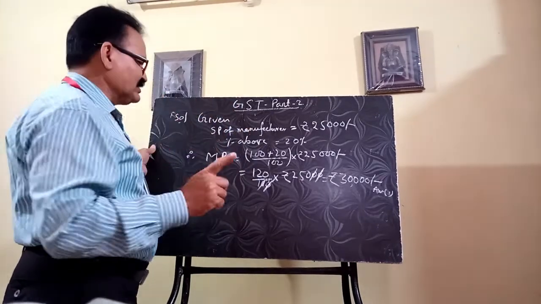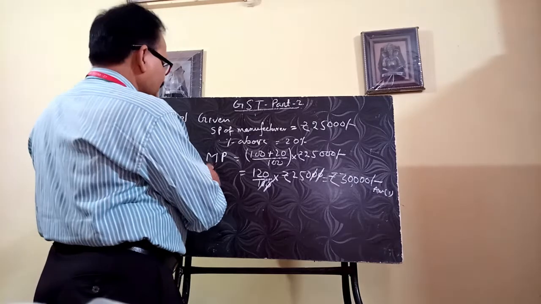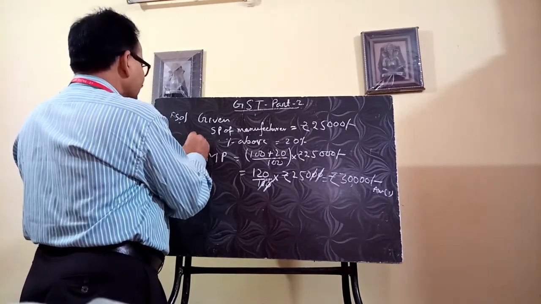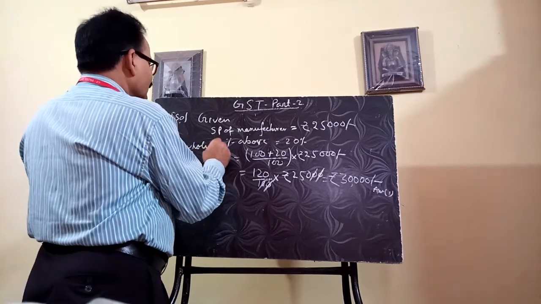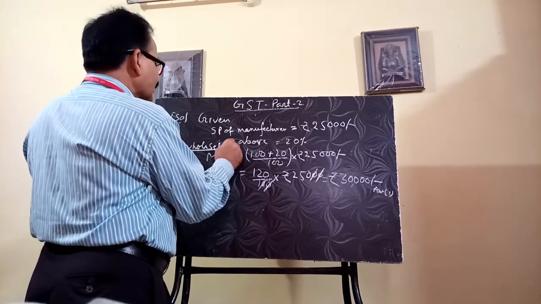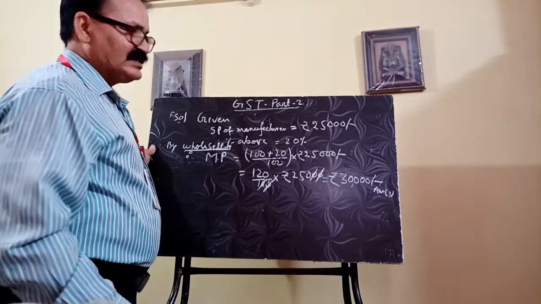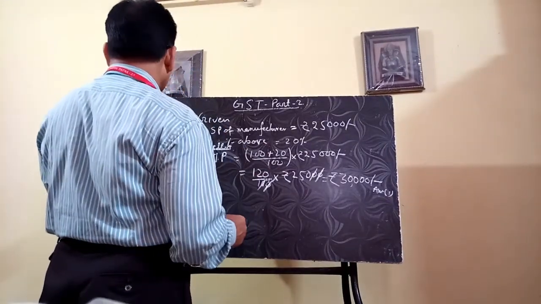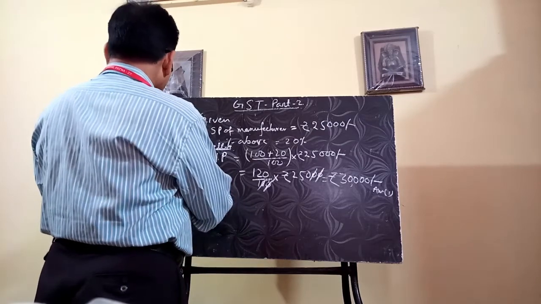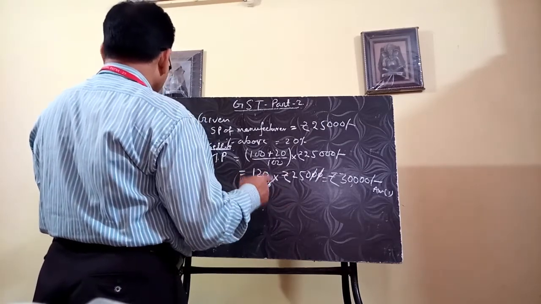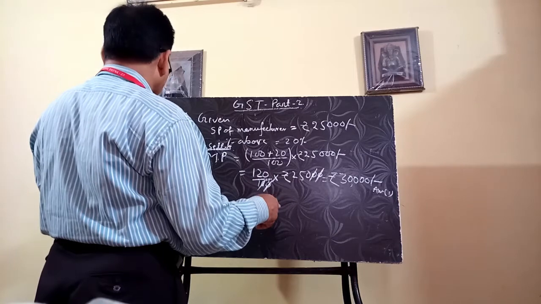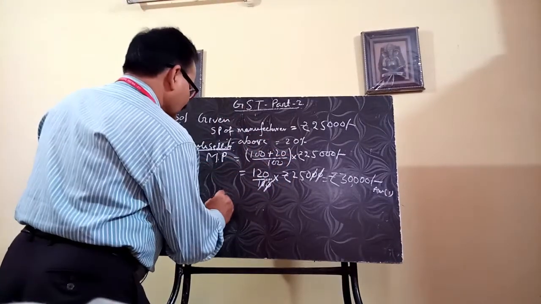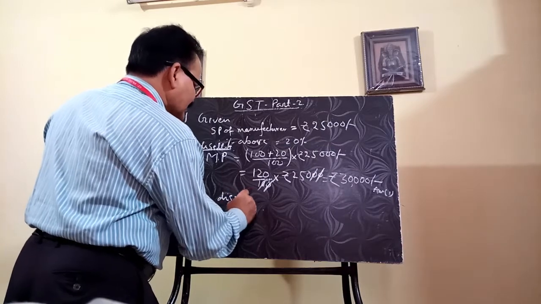The wholesaler's MP is rupees 30,000. So when the wholesaler sells this article to the retailer by applying a 10% discount, the discount percent is 10%.